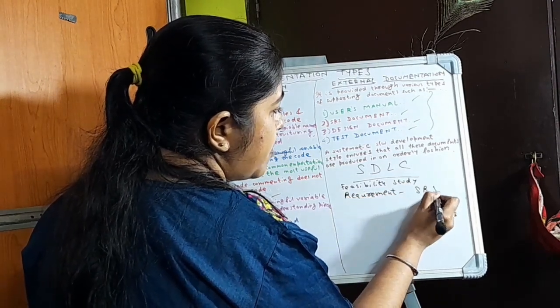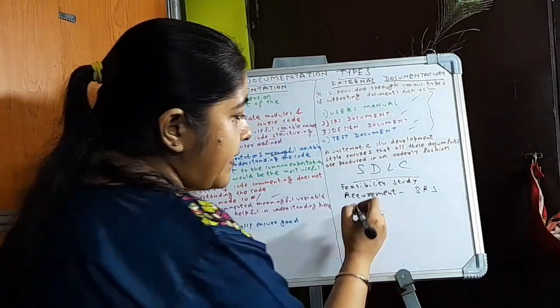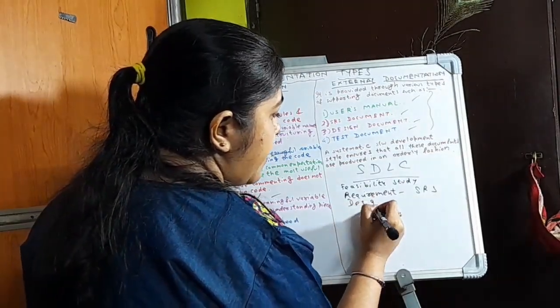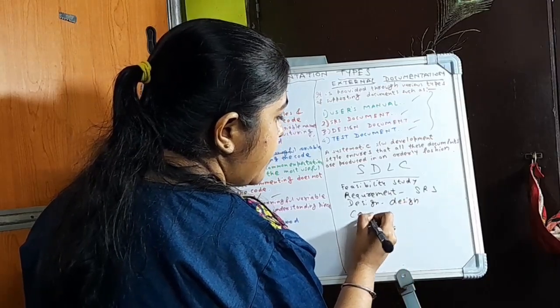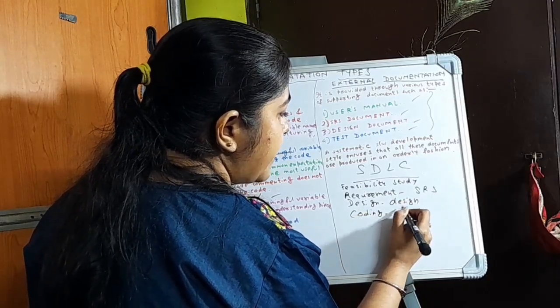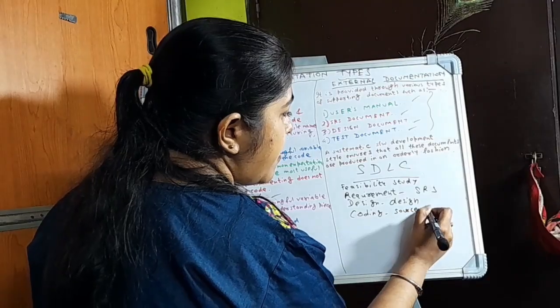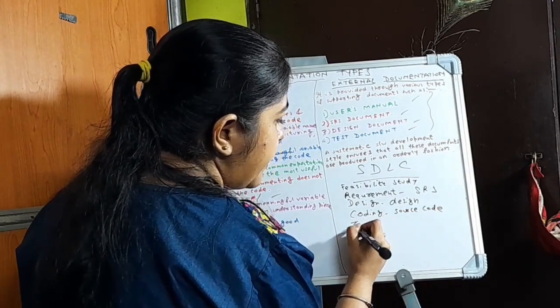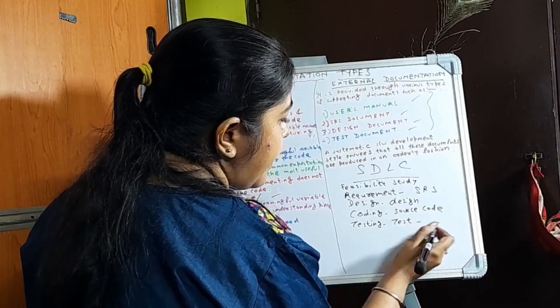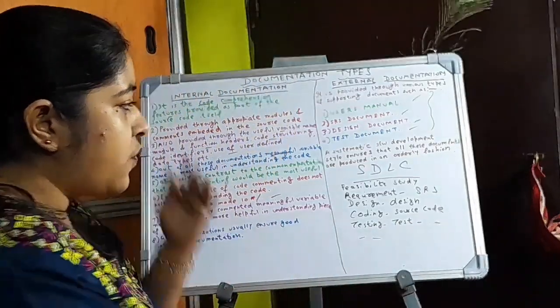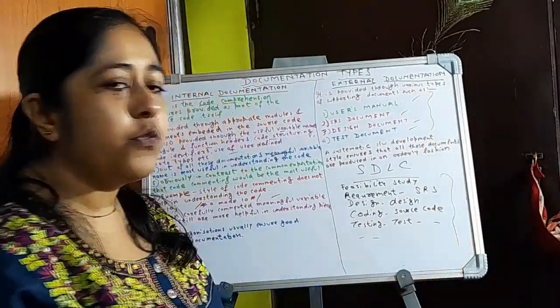That is your SRS document. Then your designing phase, the design document; the coding phase, your source code; then your testing phase, the test document; then maintenance. So this is the whole sequence.